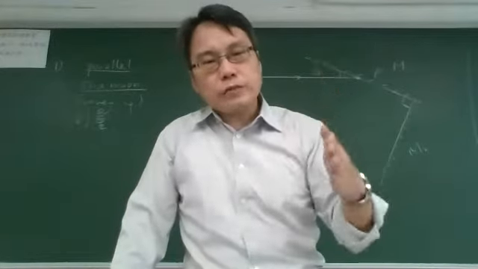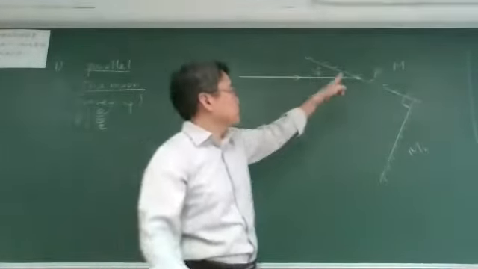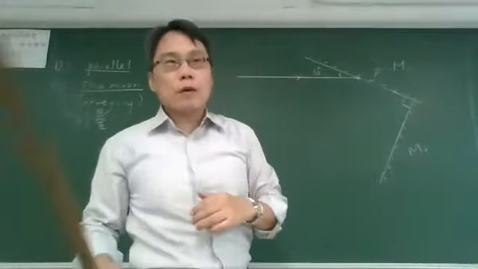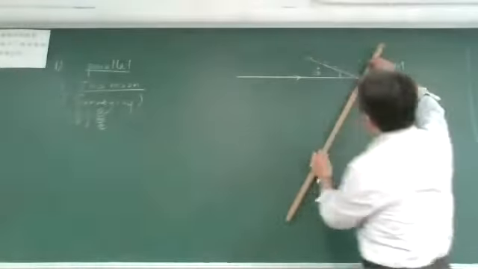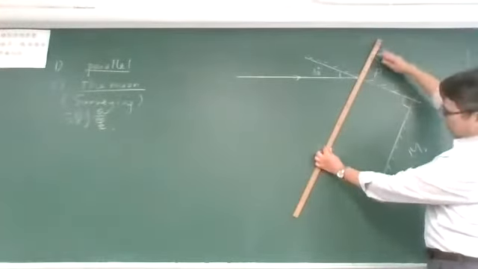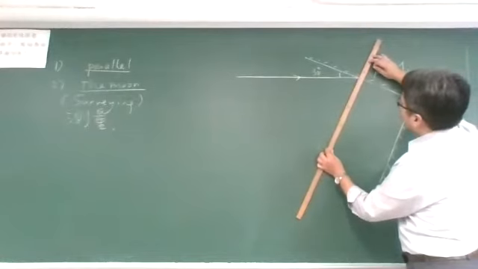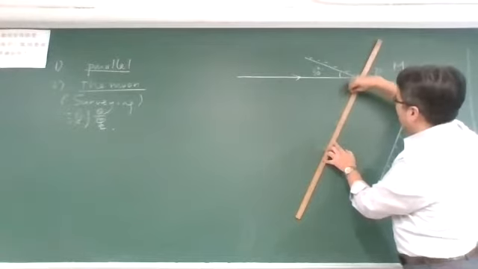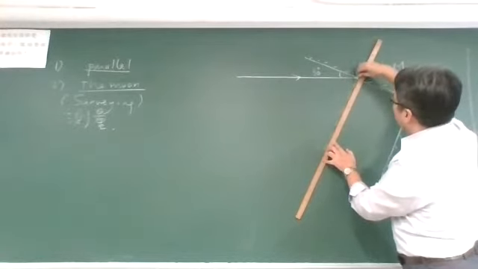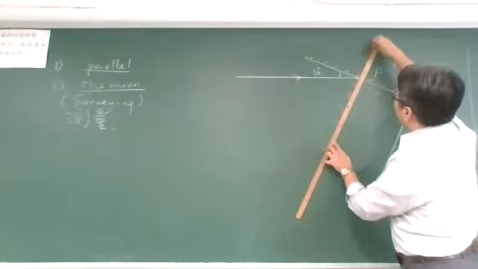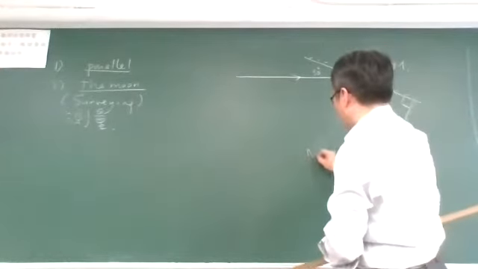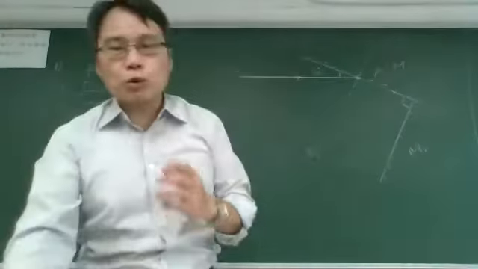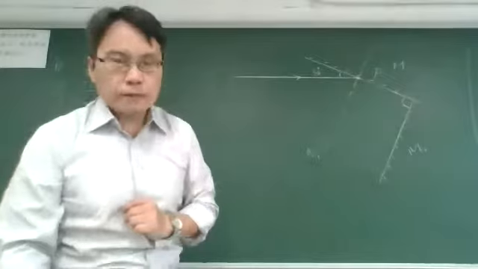The point where the light ray strikes the mirror is point P. And at that point, we draw a normal. I'll call this N1, which is the normal to mirror 1 at point P, okay?